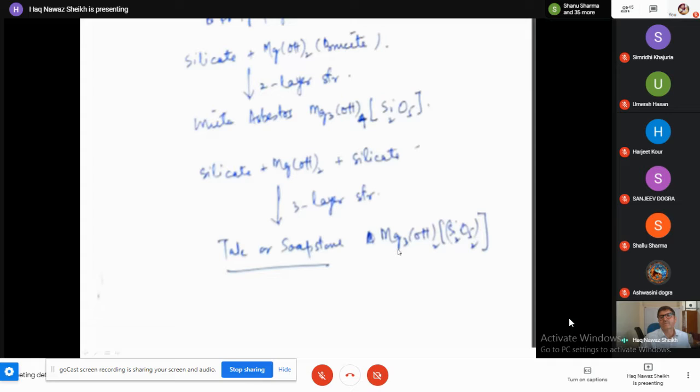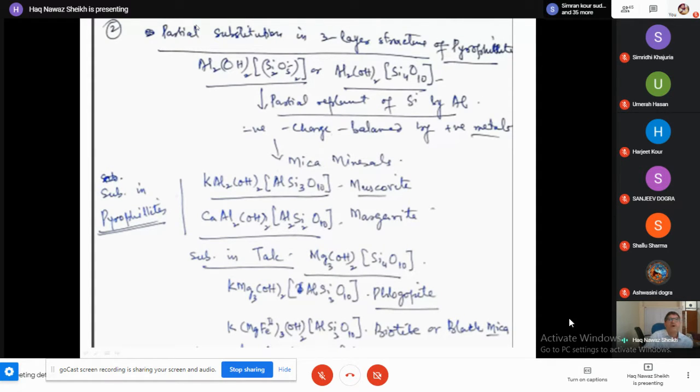Here also magnesium 3, but OH 2 times. Again, this will have the 4 positive charge, and this is a dimer here, Si2O5, or twice times 2 silicate layers, or you can write Si4O10. So this silicate double layer has a charge of 4 negative, and magnesium hydroxide has a charge of 4 positive. Again, counterbalancing the charge, and it is electrically neutral.